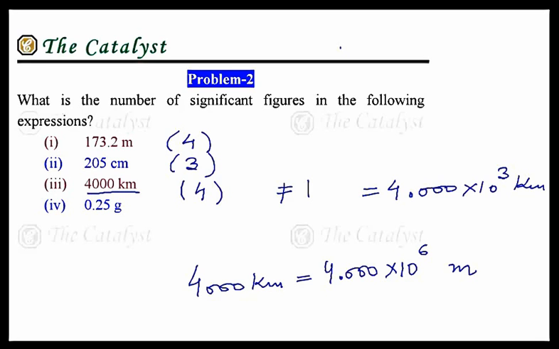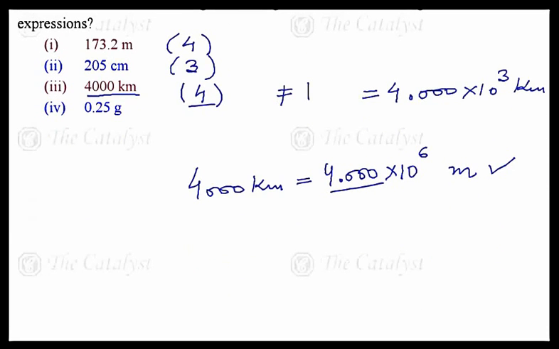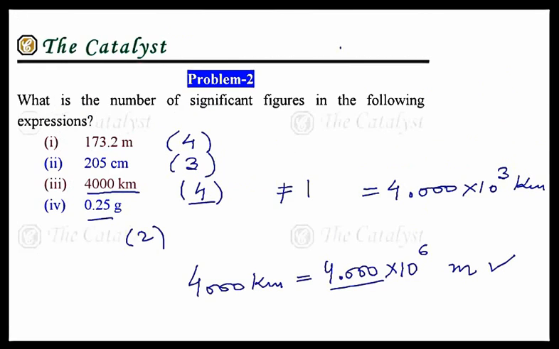Now the zeros in the power of ten are not counted, but here all the zeros are to be counted because this is a measurement. So the number of significant figures is 4. Now in this problem, 0.25 grams, only 2 significant figures are there. Very simple problem.